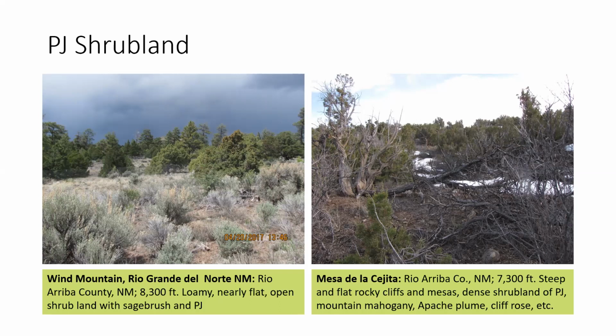Then the Mesa de la Cejita, northeast and north of Truchas in Rio Arriba County at 7,300 feet, where there is a different shrub component that includes mountain mahogany, Apache plume, cliff rose, Fendler bush, etc., among the pinons and junipers.